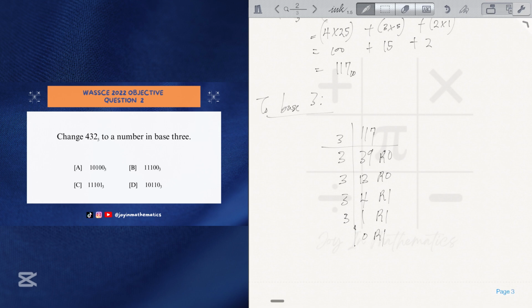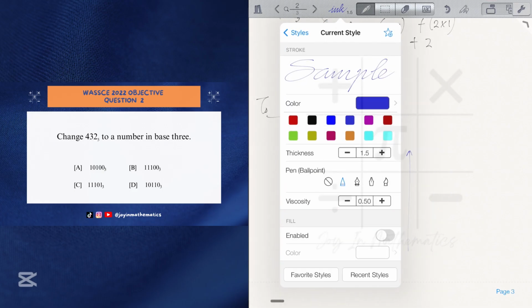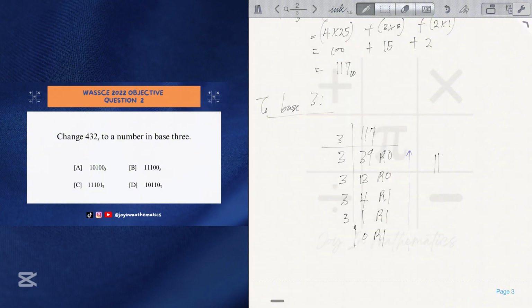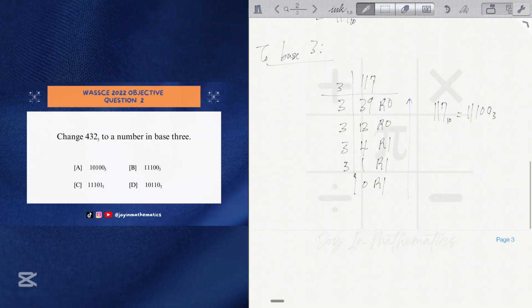With this, we just take the readings upwards such that we'll have 117 base 10 to be equal to 11100 in base 3. In view of that, the question is to convert 432 base 5 to base 3.